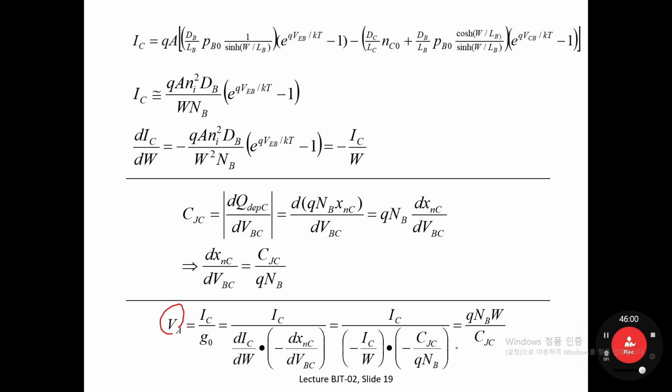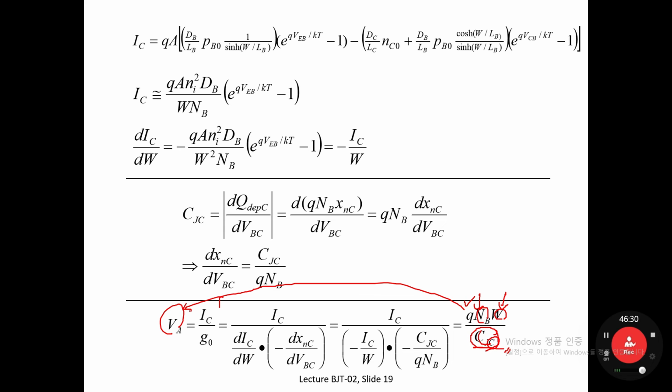VA can be written with three terms: base doping concentration, quasi-neutral base region width, and the junction capacitance in the base collector. Okay, so Q is unit charge. Those three factors will determine your Early voltage.